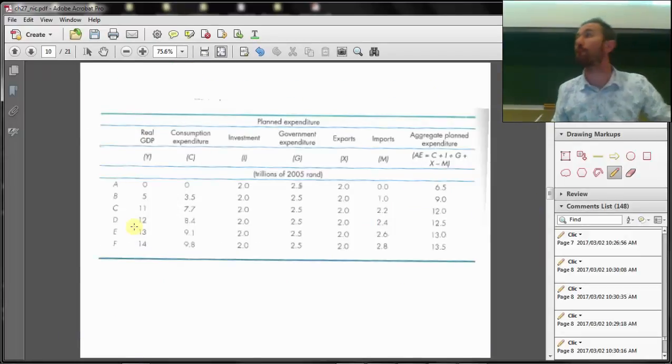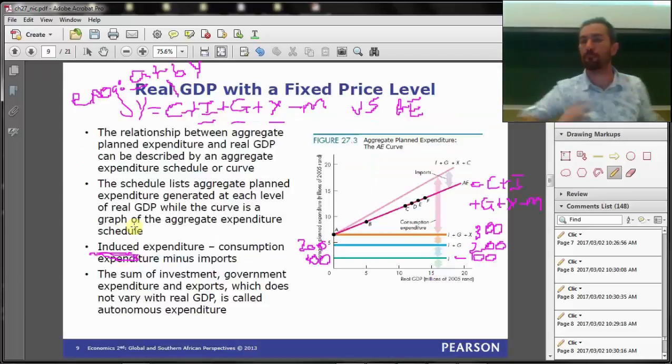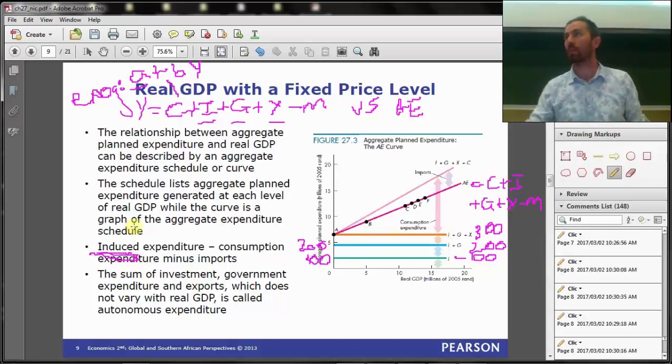Sorry, so aggregate expenditure and real GDP are not the same thing. They might be the same thing, but they are not the same thing all the time, right? In other words, if I put in a 45-degree line here, at some point my aggregate expenditure curve is going to intersect with that 45-degree line.